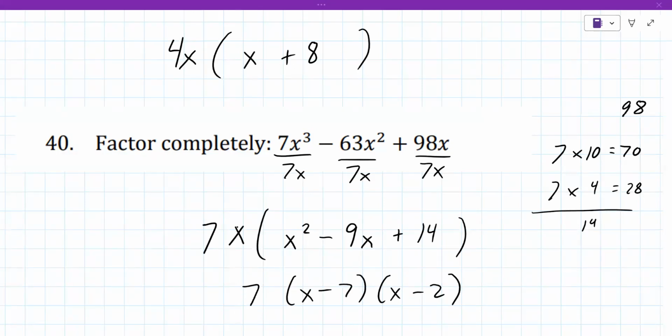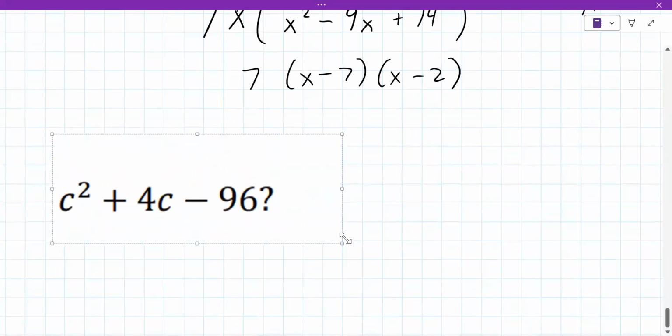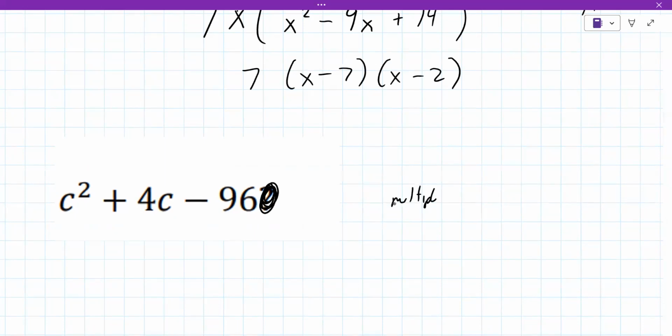Okay. So here is another problem like that to think about. You're looking for two numbers that multiply to negative 96, but add to the positive 4. Multiples of 96.